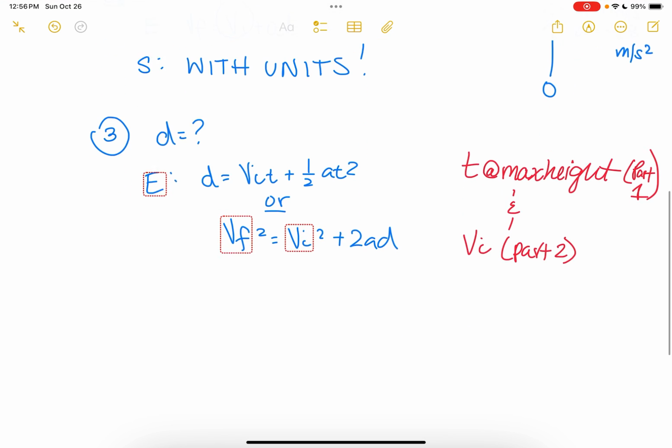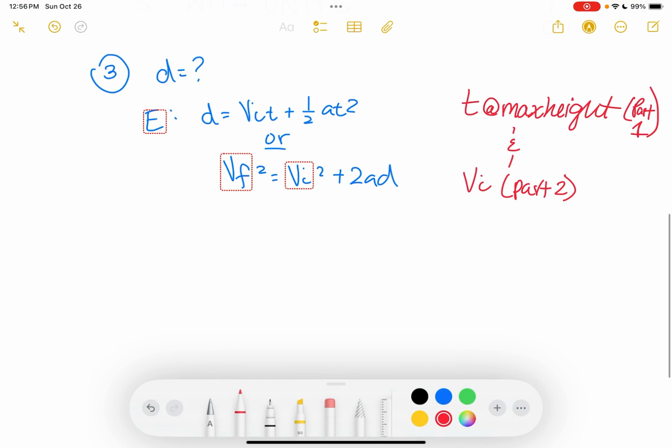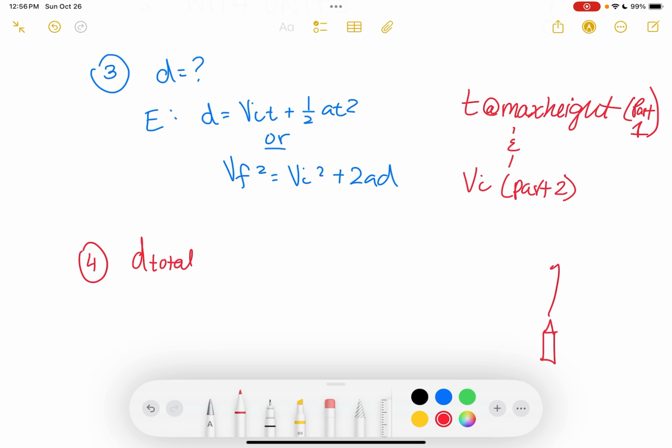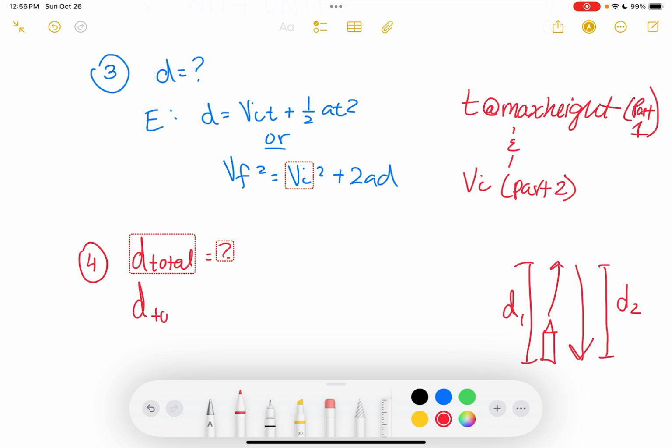Okay, so again, you're using previous information, and then when it says, what is the total distance? Again, that's your rocket going up and then coming back down. So this first trip is its first height, D1, and then when it comes back down to Earth, that's D2. So in order to find that, you could take D total, this would be your equation, D total equals D max height.